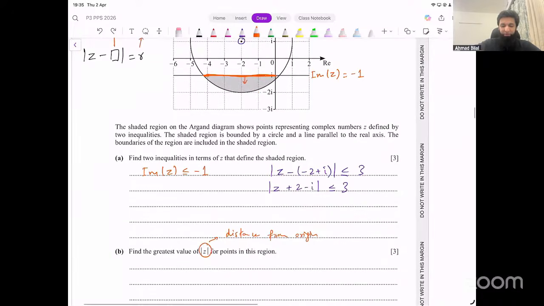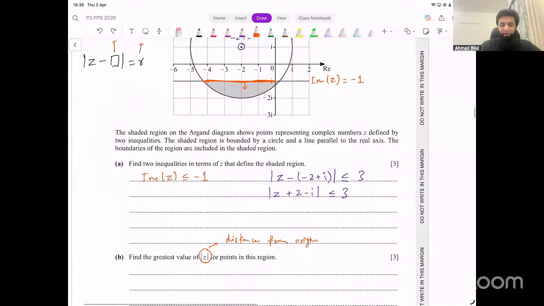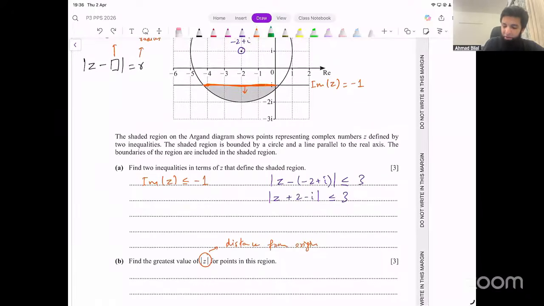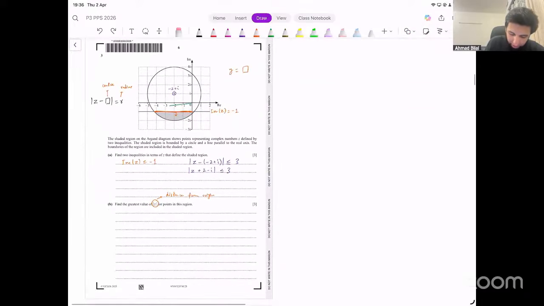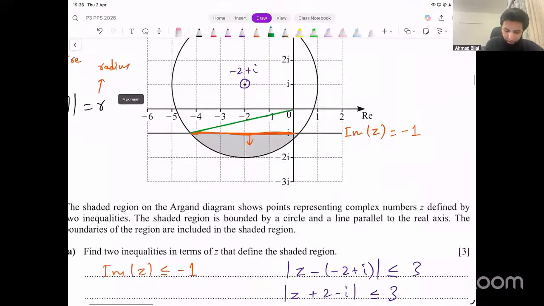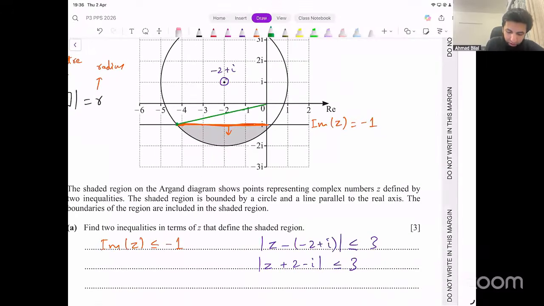Now, for points in the region, where are you the maximum distance from the origin? So let's start from the origin. This is the origin. Now, how far can you go in the shaded region? On the extreme left, right? This point here somewhere is going to be the furthest from the origin.